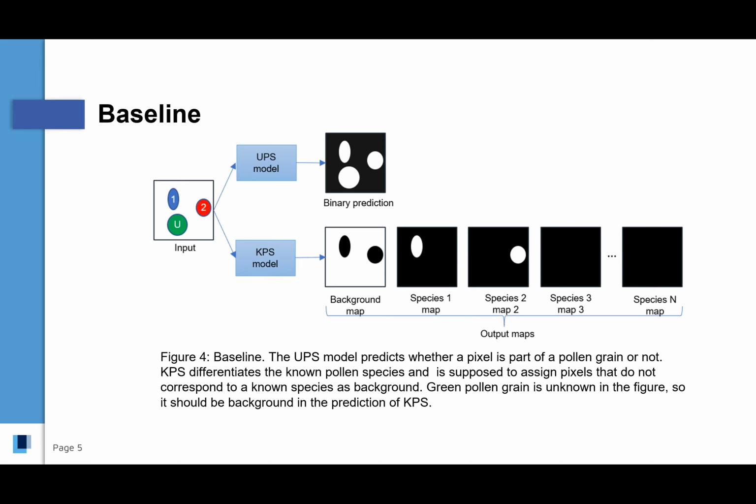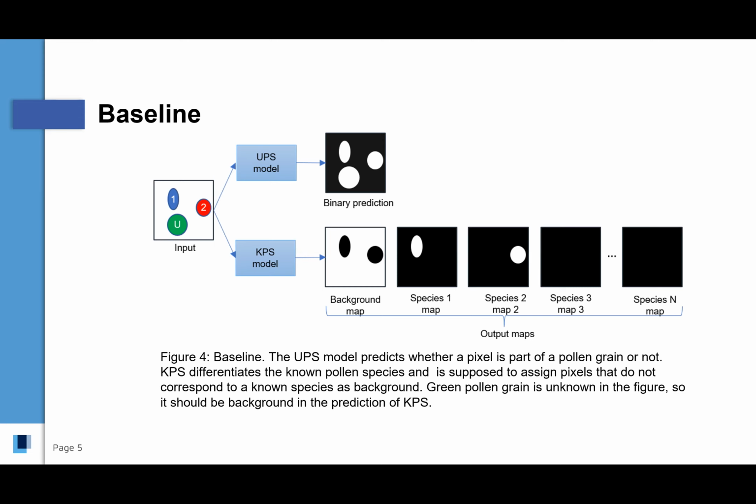As a baseline, we consider a combination of UPS and KPS. The approach is depicted in Figure 4. The UPS model predicts whether a pixel is part of a pollen grain or not.